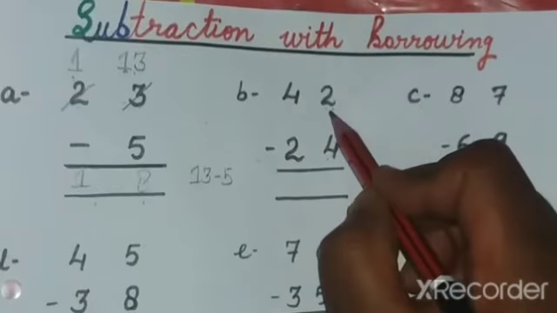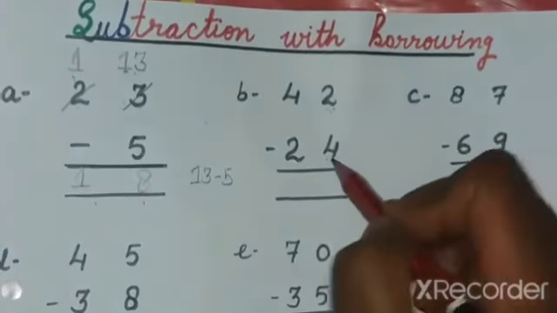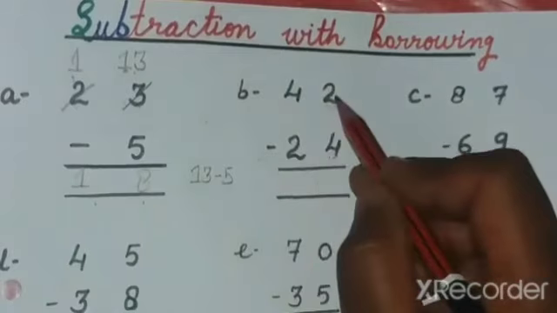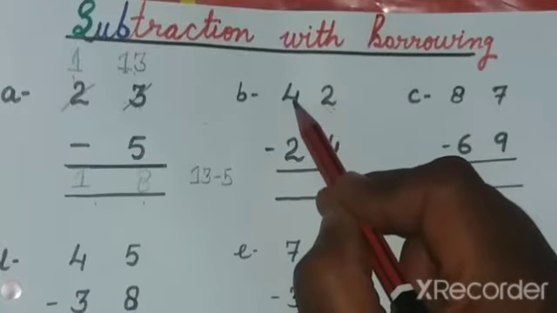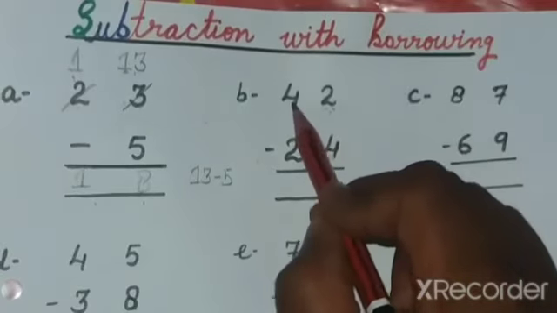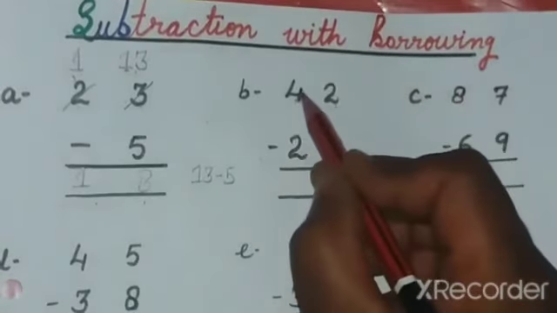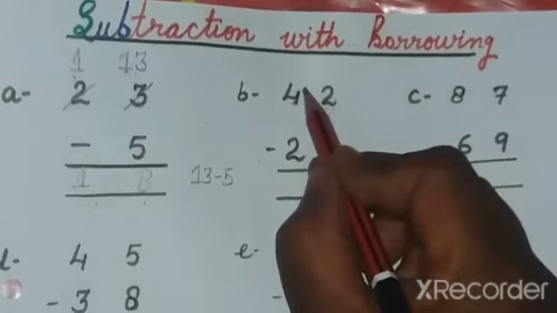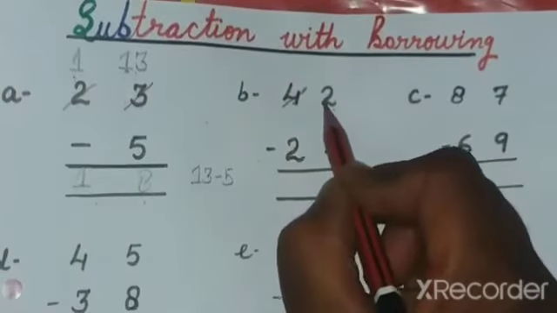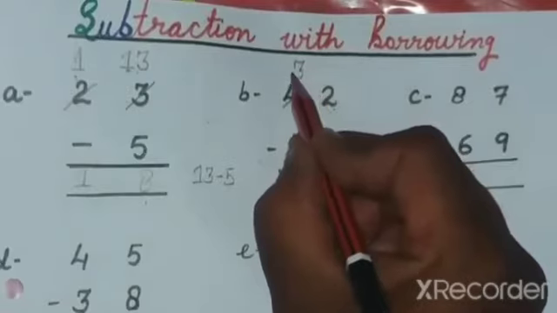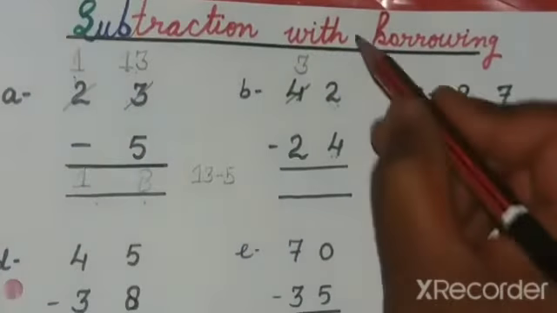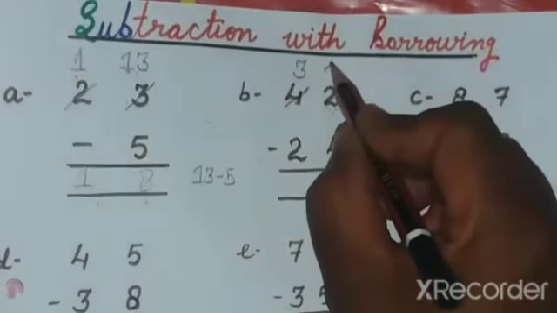Again we will borrow one from the neighbor, cross it out and replace it with 3, and give 1 to this.